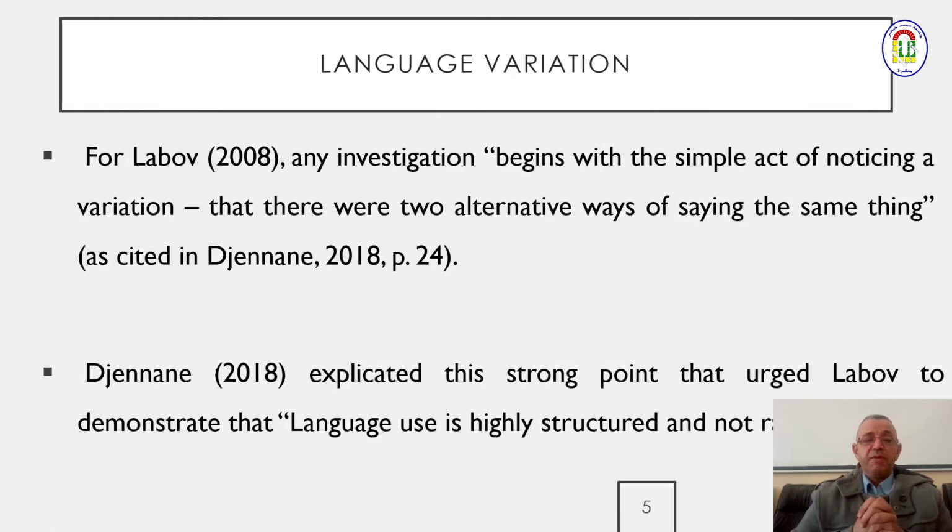Now, for Labov 2008, any investigation begins with the simple act of noticing a variation, that there are 2 alternative ways of saying the same thing. In addition to this, reference could be made to Jinnah 2018, who explicated the strong point that urged Labov to demonstrate that language use is highly structured and not random.